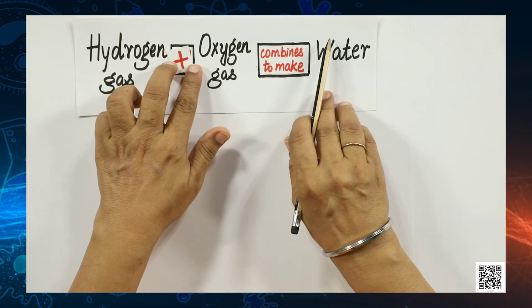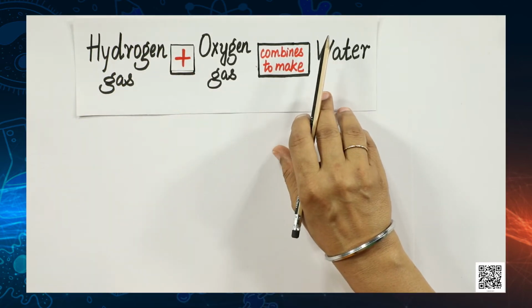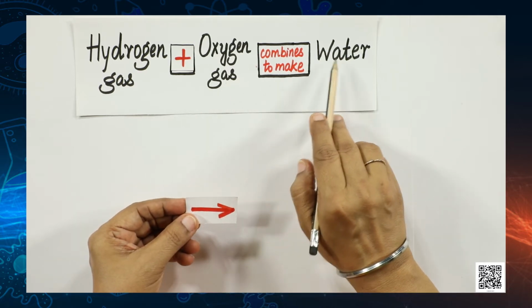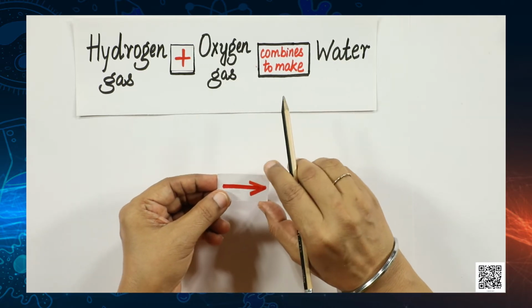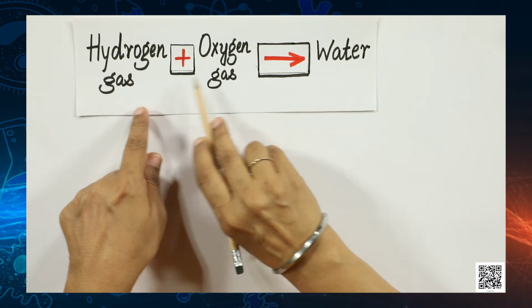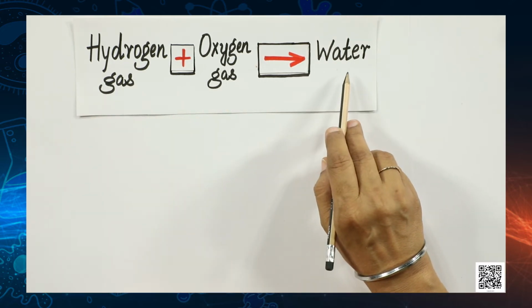First, we have to turn it into a word equation, and for the word equation, we use a plus sign between the 2 reactants, hydrogen gas and oxygen gas, and they are combining to form water. So, water is written after the arrow. Okay. So, this word equation can be written in a chemical equation form like this.